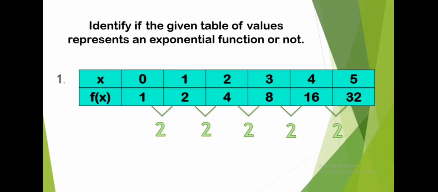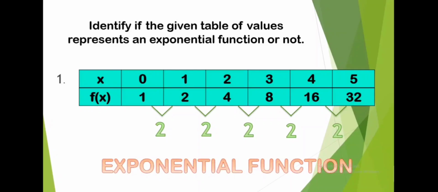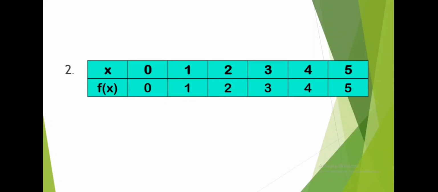So, is it an exponential function? Yes or no? The answer is yes, it is an exponential function since there is a common ratio which is 2. Now, let us have another item. We have our x values are the same and our f of x are 0, 1, 2, 3, 4, 5.